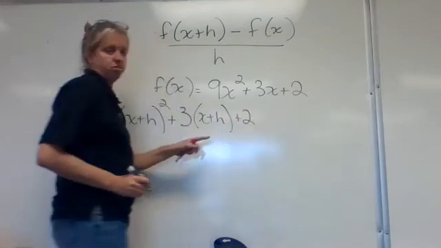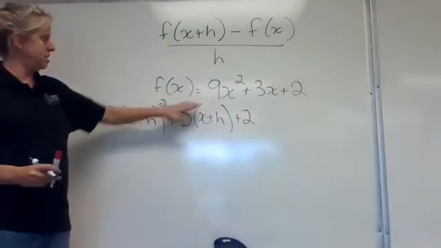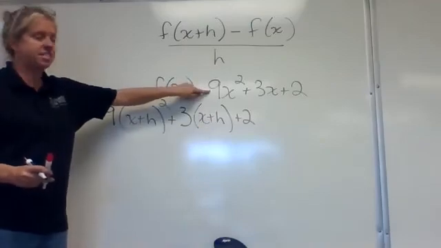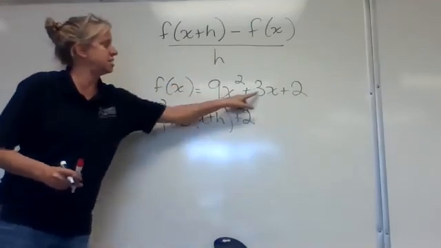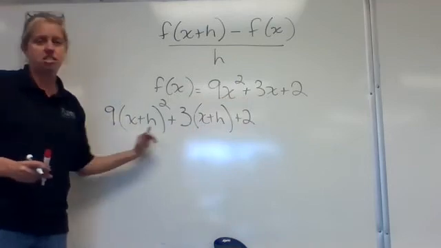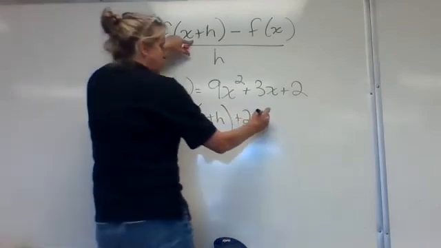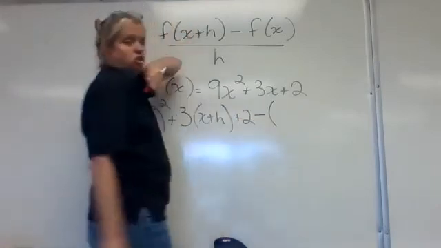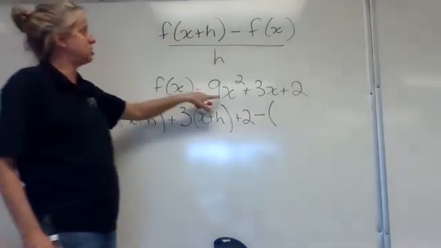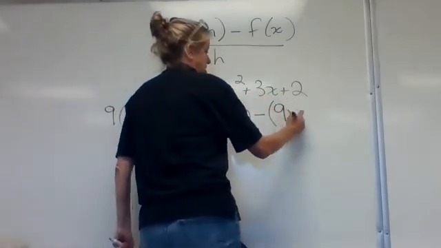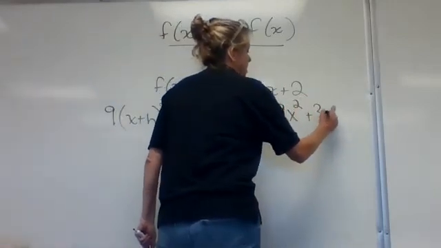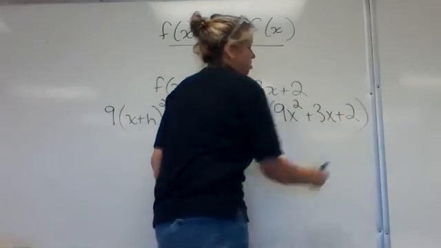Then bring down the plus 2. So again, this right here is exactly what this is, just instead of those x's in those spots, I have x plus h's in those spots. So that takes care of the first part. Minus, your second part is in the parentheses, you write exactly what your function is. So 9x squared plus 3x plus 2.